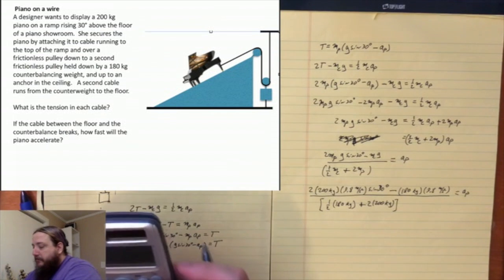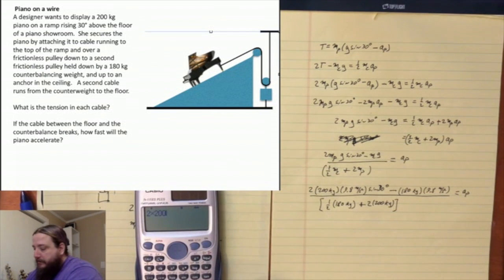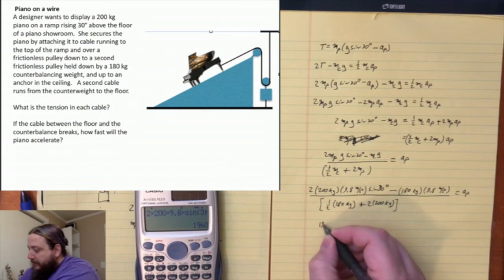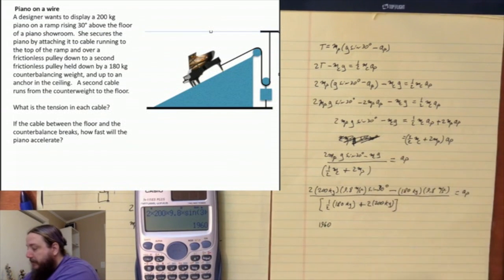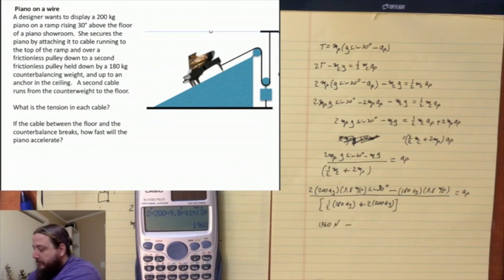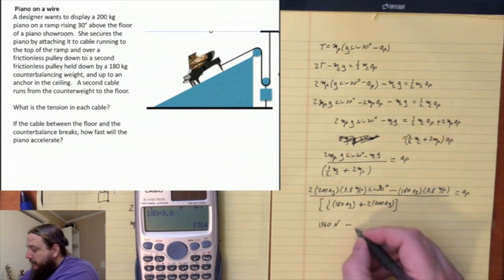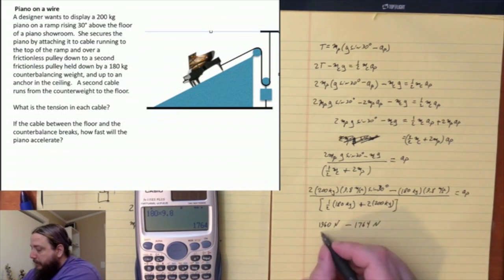So let's just take each of these terms in kind. 2 times 200 times 9.8 times the sine of 30 degrees is 1960 kilogram meters per second squared, or newtons, minus 180 times 9.8, which is 1764 newtons.